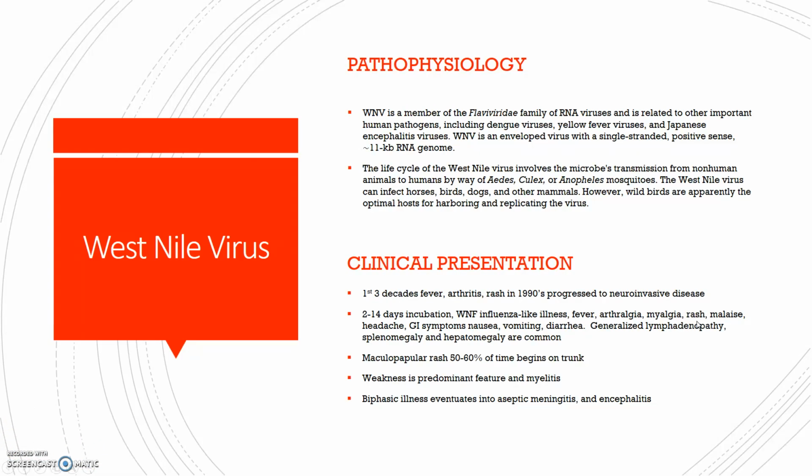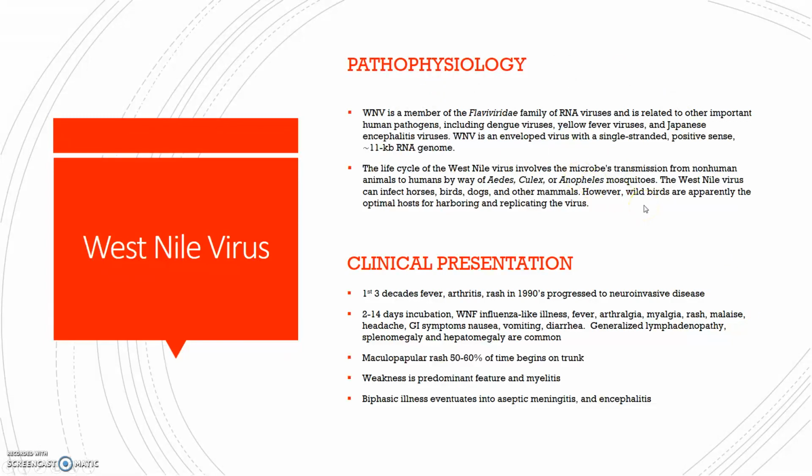The pathogenesis of West Nile virus: since it is a member of the Flaviviridae family of RNA viruses, it is related to other important human pathogens, as I said previously, to these viruses listed. West Nile virus is an enveloped virus with a single-stranded positive-sense RNA genome.